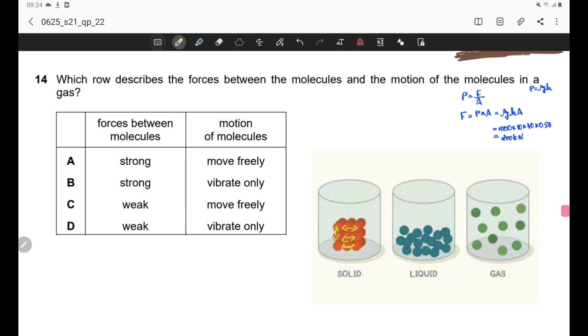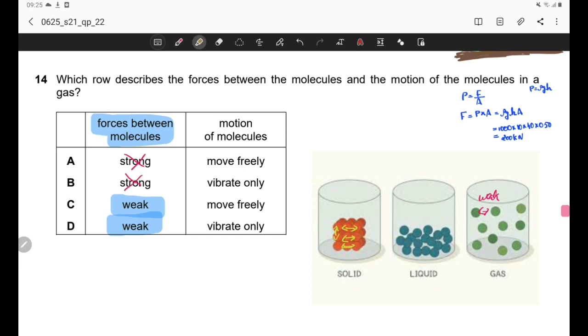But when we look at the molecules of gas, we can see there is a big space between the molecules. From these we can understand the forces between the molecules are very weak. That's why they can separate from each other and move freely. So the forces between the molecules in gas are weak. Therefore option A and B is wrong.